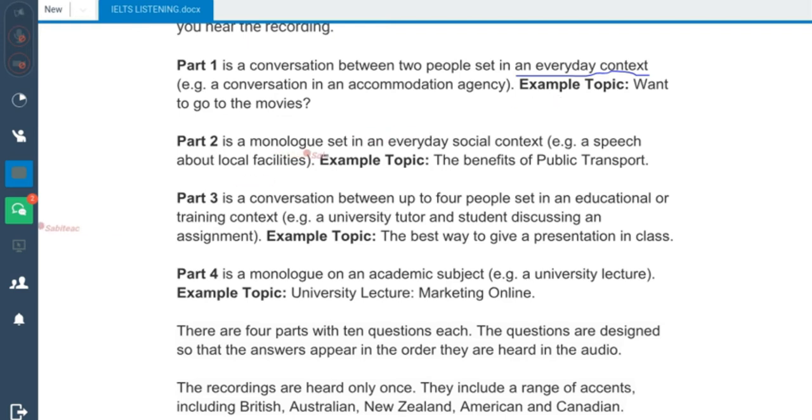So once again, the second recording is a monologue set in an everyday social context, for example, a speech about local facilities. An example topic could be the benefits of public transport. In the same way that the first recording is extremely simple, the second recording is also simple, because it is set in an everyday social context.